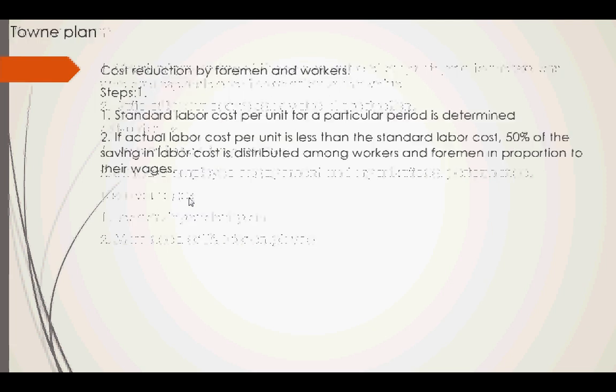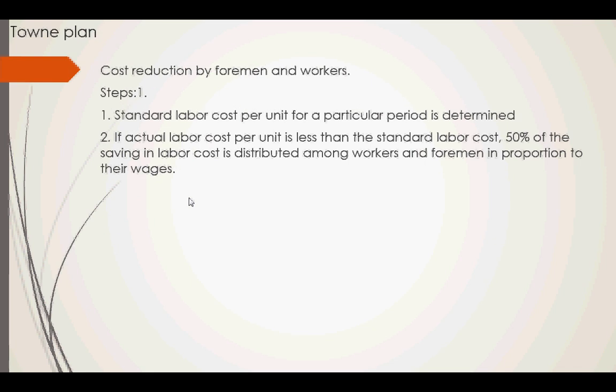Otherwise, it is very difficult. Towne plan. Cost reduction by foremen and workers. How much cost, being a group, it is able to reduce. On the basis of that, the percentage of incentives must be given to the group members.